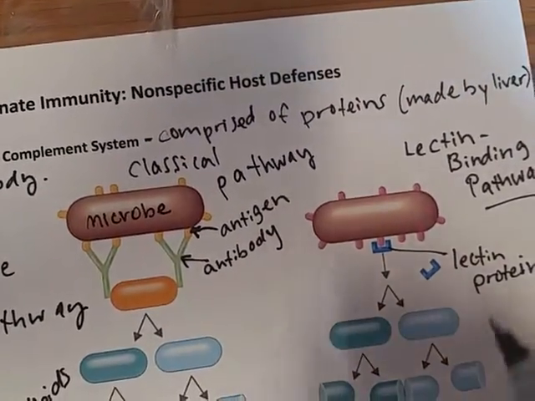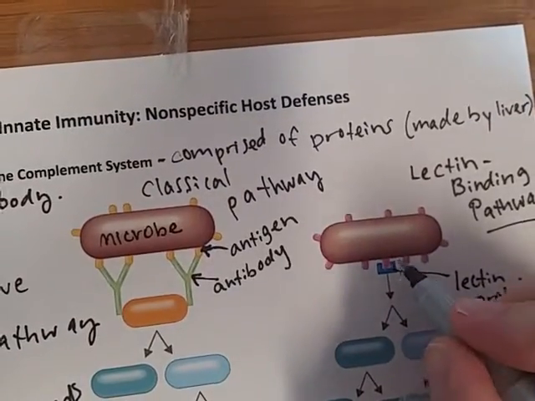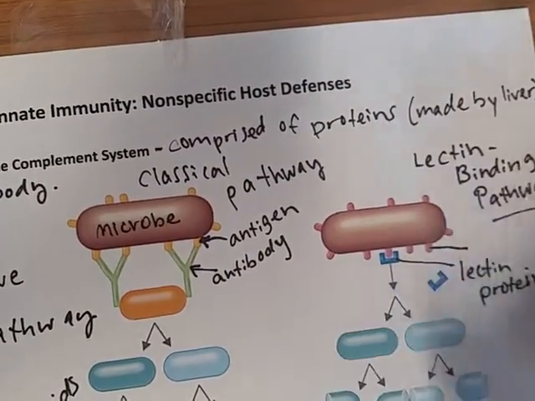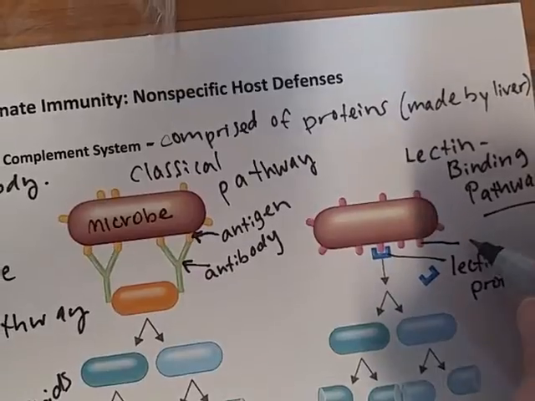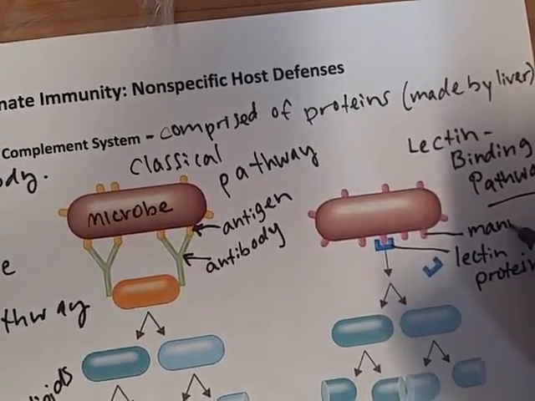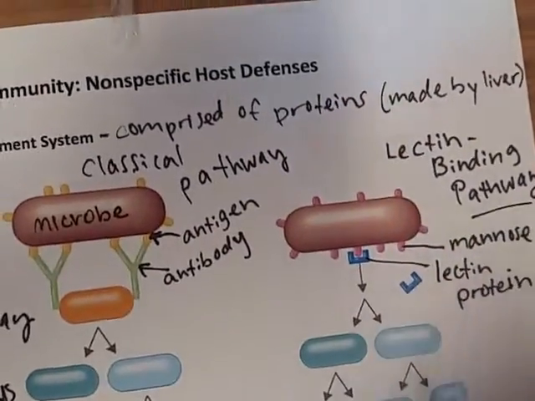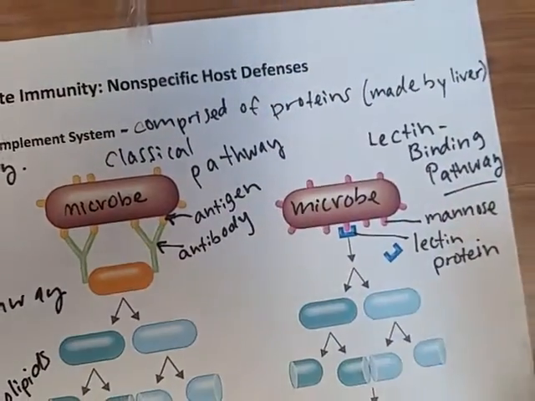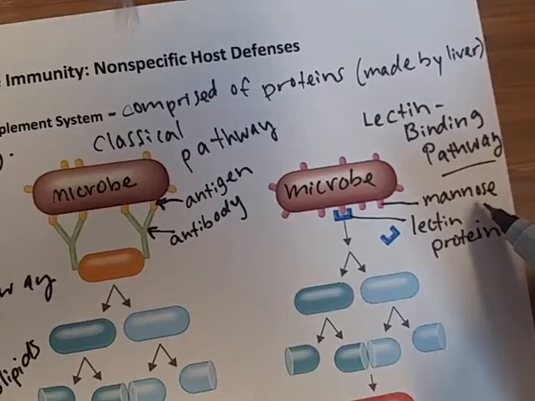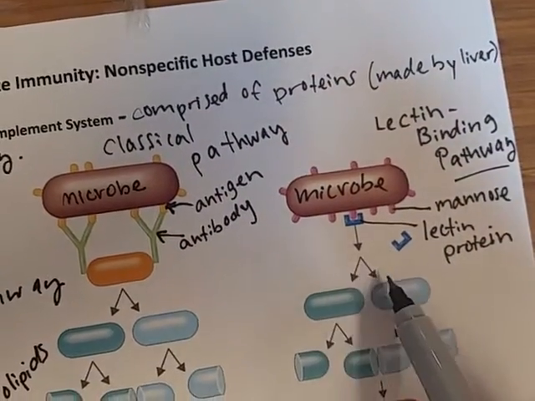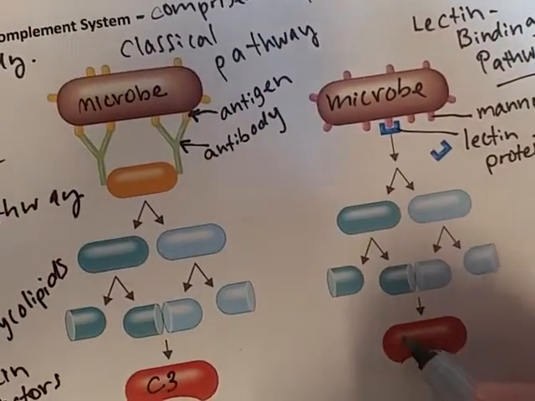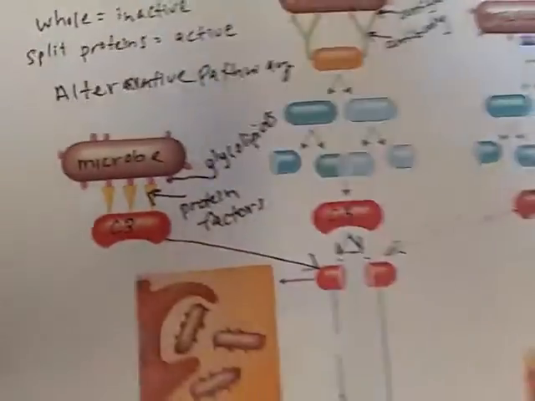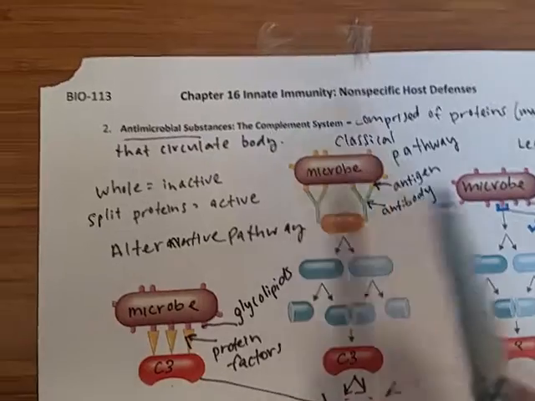This is going to bind to mannose, so I'm just going to label this one here, on the surface of the pathogen. Right, so this was our, sorry, I should have labeled it microbe. So when lectin binds to mannose, that's going to cause this pathway activation, causing a response.